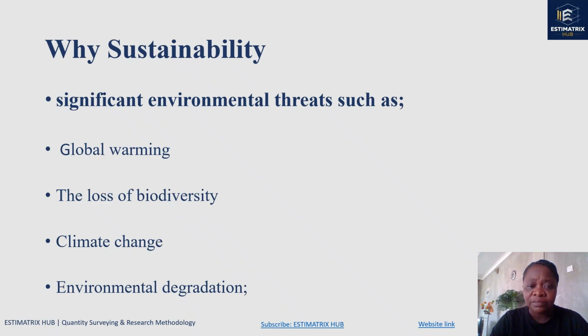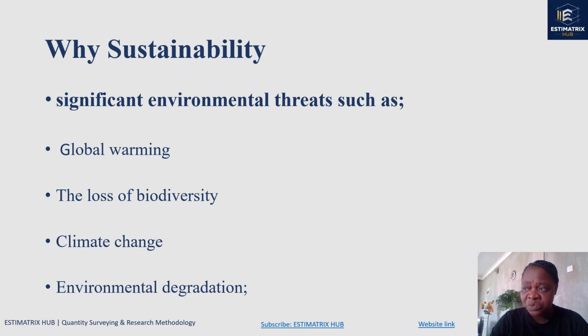And then again, one of the threats that we have in the world is the loss of biodiversity. What do we mean by biodiversity? This is the disappearance of different forms of life on Earth, like plants, animals, and microorganisms. Those are the lives that are being affected due to the threats posed to our world through our activities.